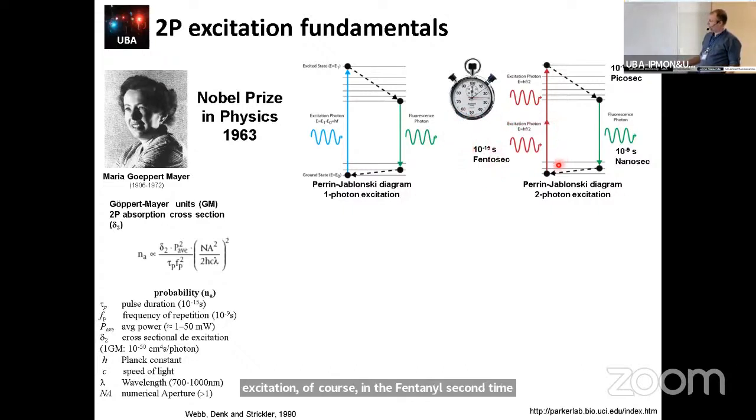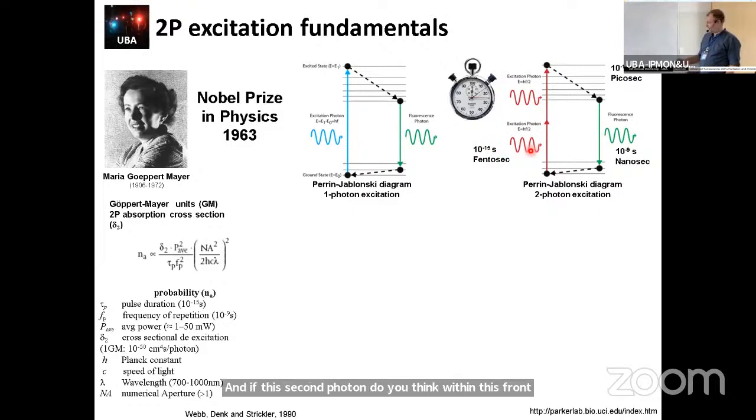So when one photon hits the molecule for two-photon excitation, this has basically an intermediate excited state which needs an extra photon in order to get there. And if this second photon doesn't come within this femtosecond time scale, this will never happen.